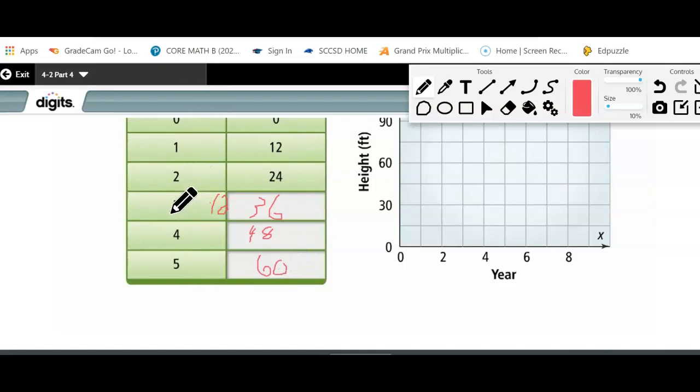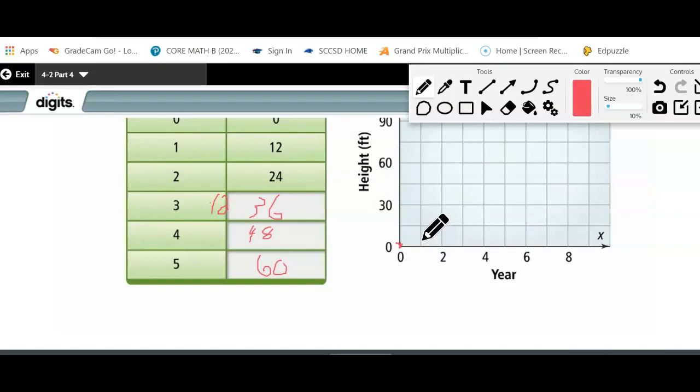Here is our amount of years. This is our feet. The years are the x-axis. So I go to year 0, 0. First year, it's no height. Year 1 is 12. If you look here, this is 15, 30, 45, 60.